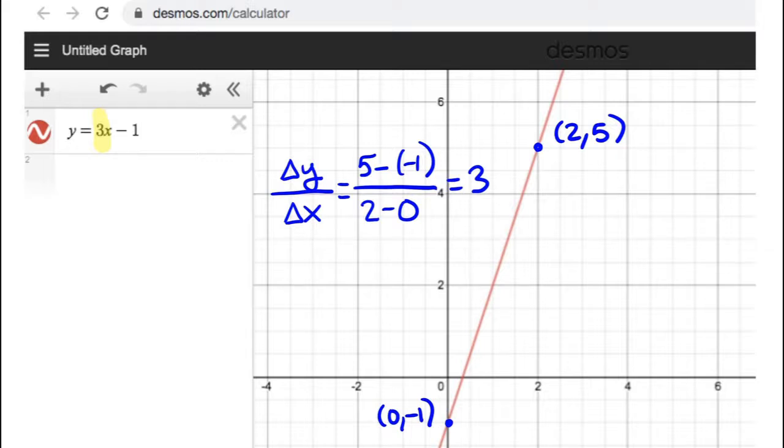And we can see that graphically. Here's the change in x, and here's the change in y. For every step I take to the right, every time I change x by 1, I change y by 3. I take 3 steps up.